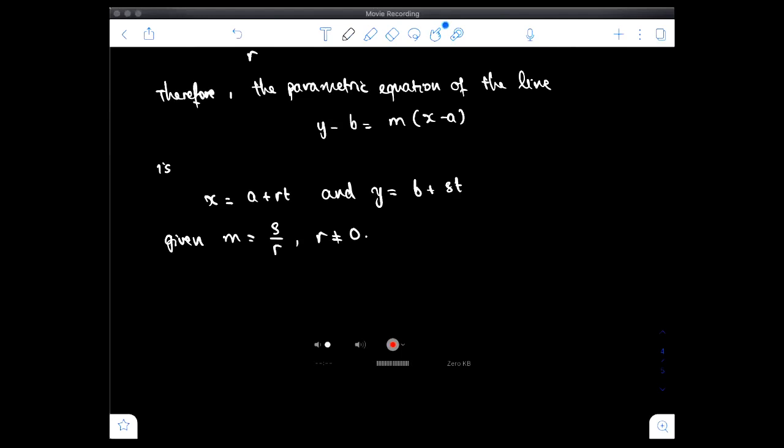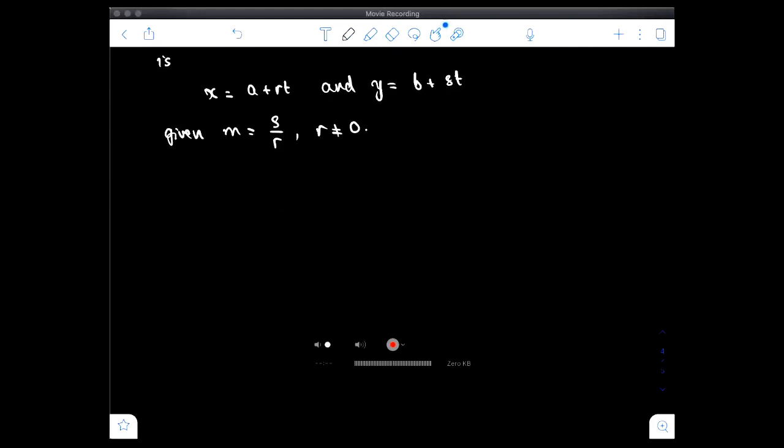This is a very specific way to parameterize this line, right? As I mentioned, there are infinitely many ways to parameterize this. Another way, very straightforward and very simple, is to let x equal t and y equal whatever follows.